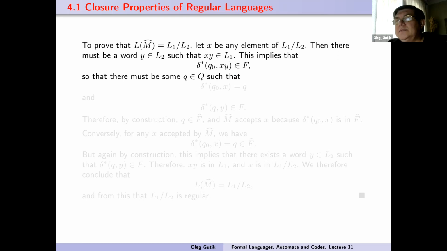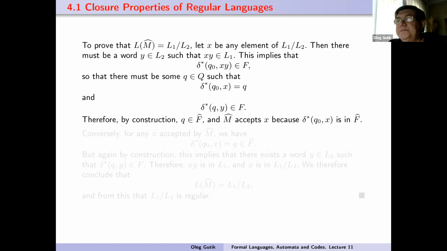So there must be some state q so that delta star of q0 x is equal to q, and delta star of qy belongs to the set of final states F capital.